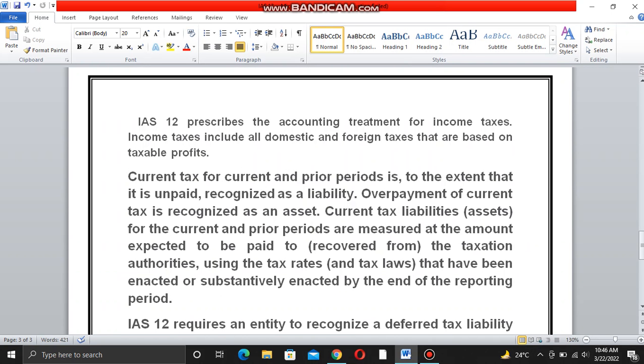The foreign tax is when a person from your country goes to another country and invests money there, for example in Canada, Dubai, Saudi Arabia or America, whatever the country is. The person is an individual of his home country.